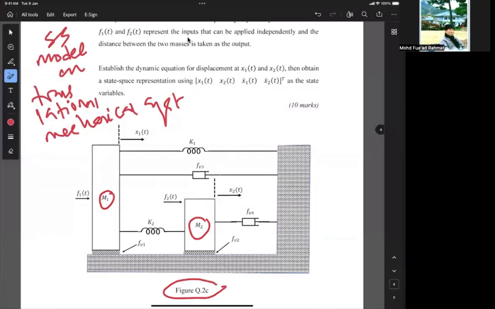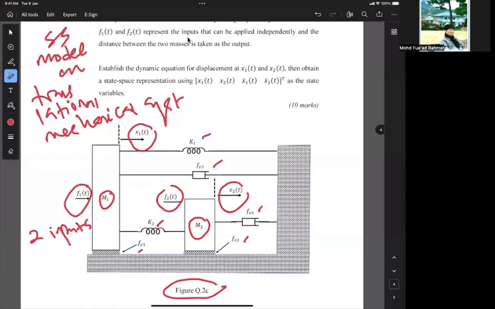You have four dampers, two friction and two damper, and two springs, K1 and K2, and two inputs, F1 and F2. The displacements are given by X1 and X2.